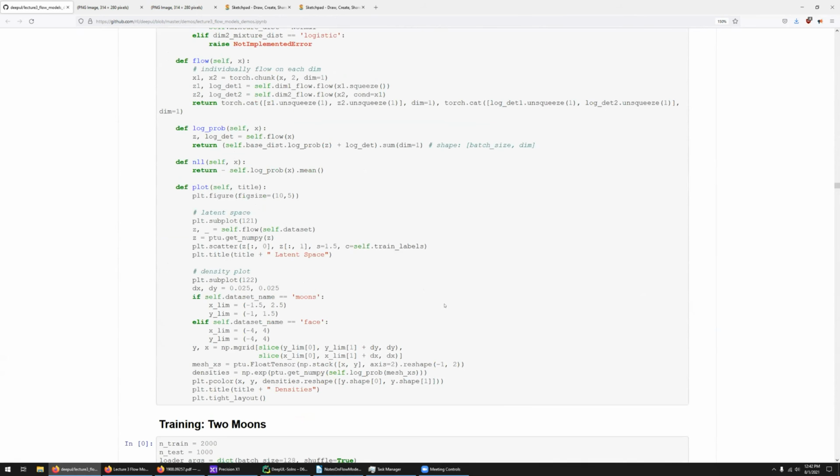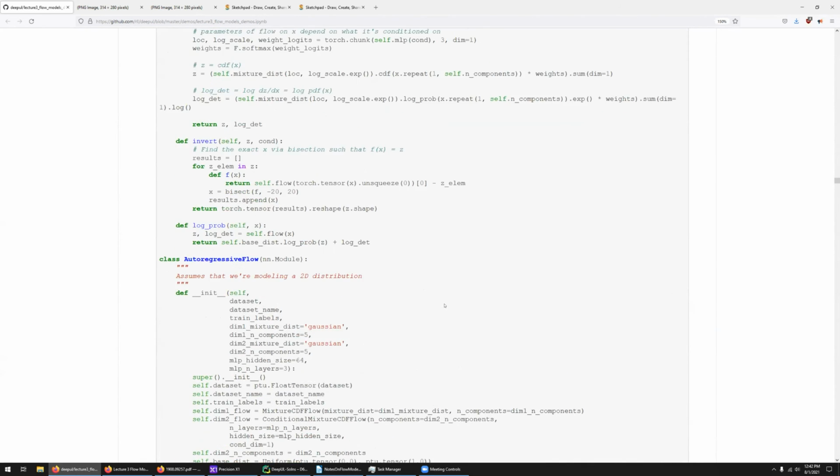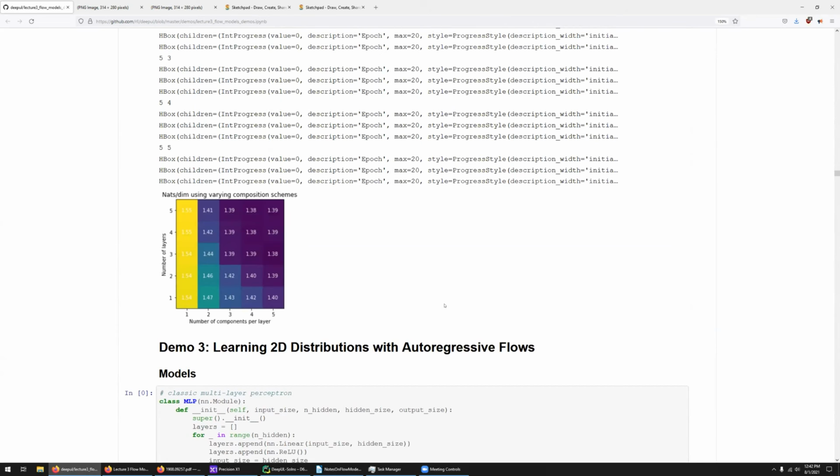But didn't we see that that particular experiment was trying to decipher how many nats per dim and how many layers are needed, and it showed there's a limit beyond which it doesn't improve as you add layers, right? Yep. So there's a number of layers and number of components, how many Gaussians in the mixture we're using.